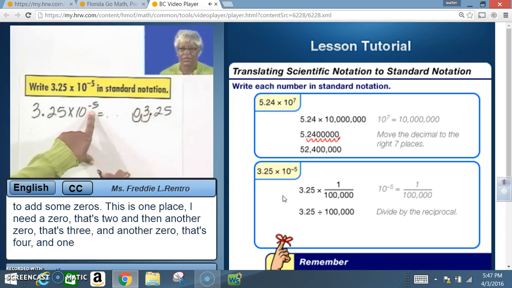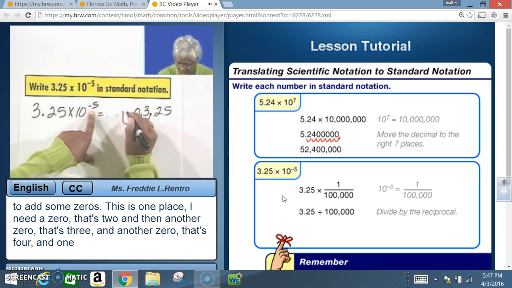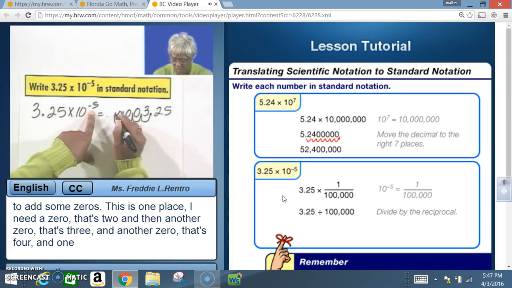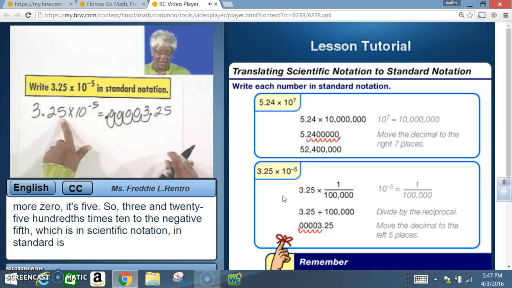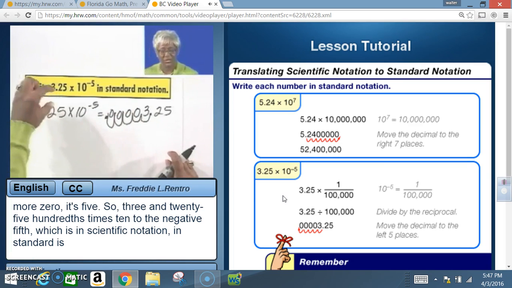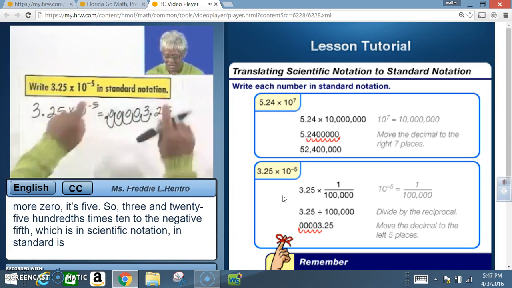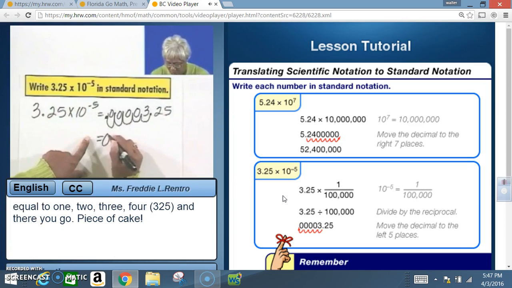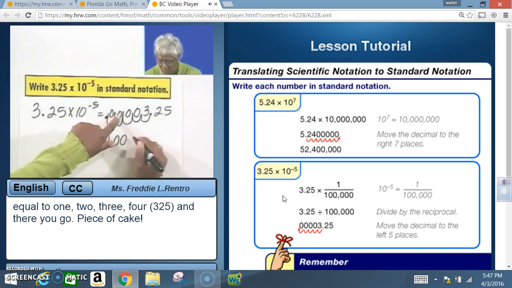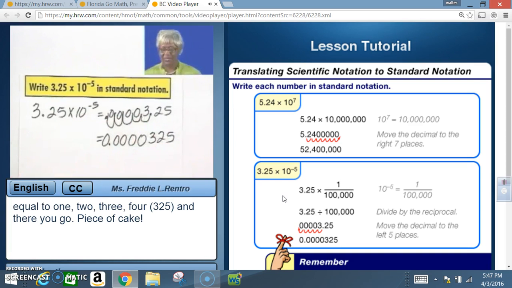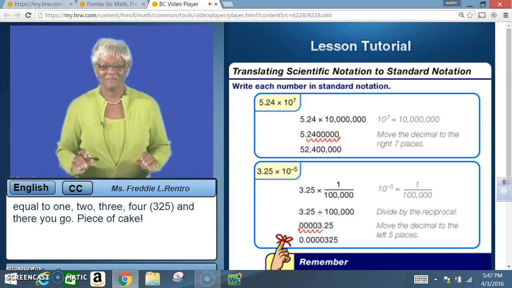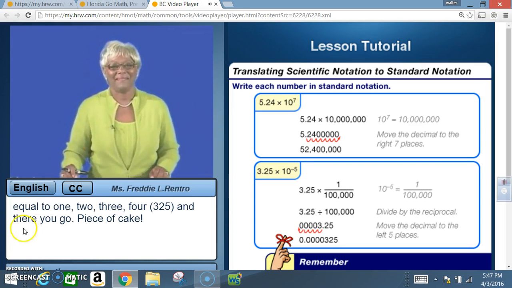I need to add a 0, that's 2. And add another 0, that's 3. Add another 0, that's 4. And 1 more 0, it's 5. So 3 and 25 hundredths times 10 to the negative 5th, in standard, is equal to 0.0000325. And there you go. Piece of cake.